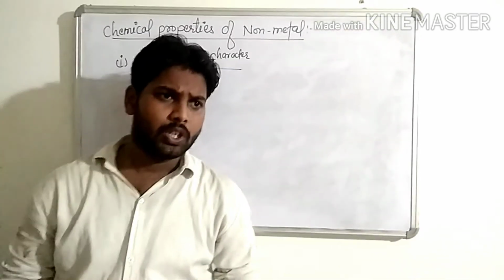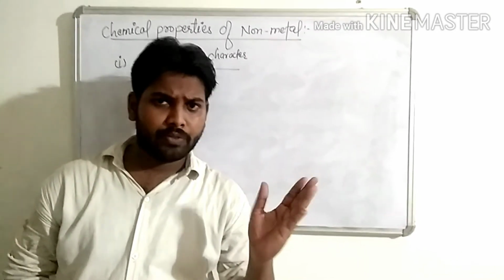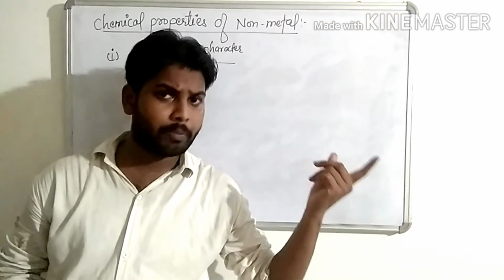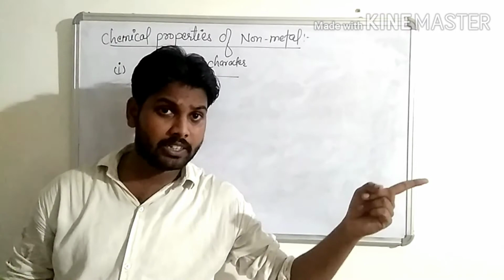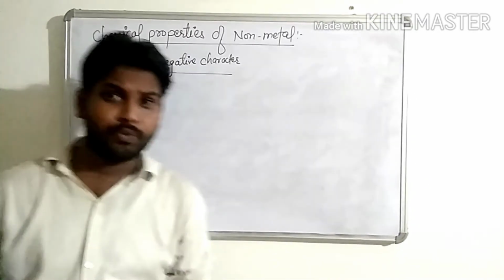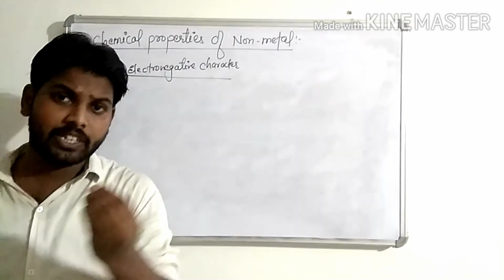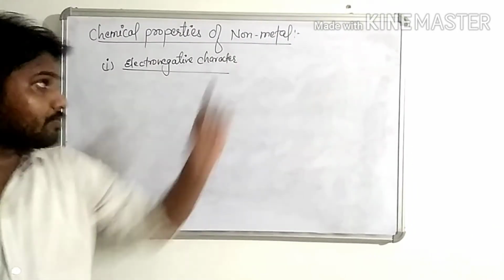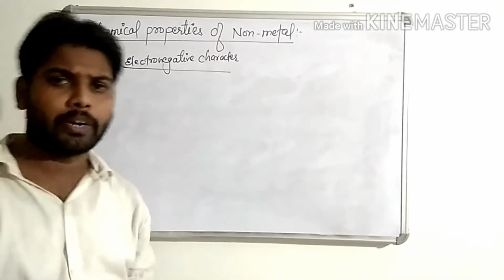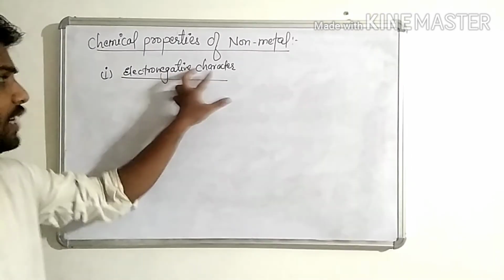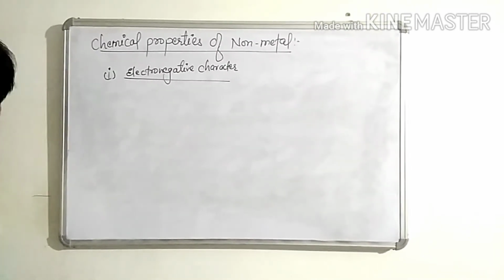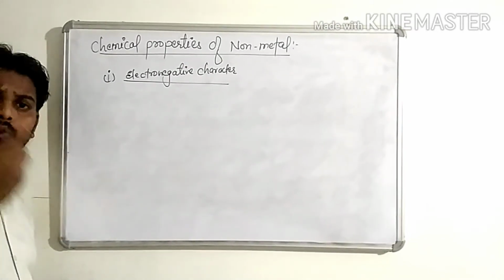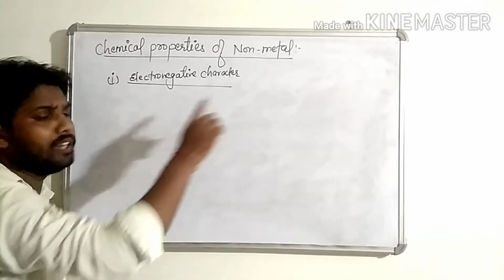Those elements which lose electrons to complete the octet are called metals, and the elements which gain electrons to complete their inertness are known as nonmetals. Clear? All nonmetals show electronegative character, meaning all nonmetals try to gain electrons and form a negative charge.